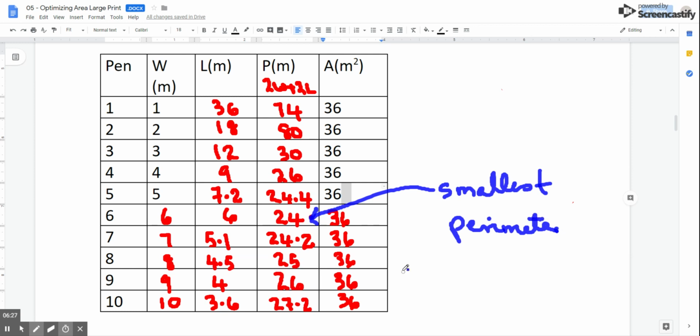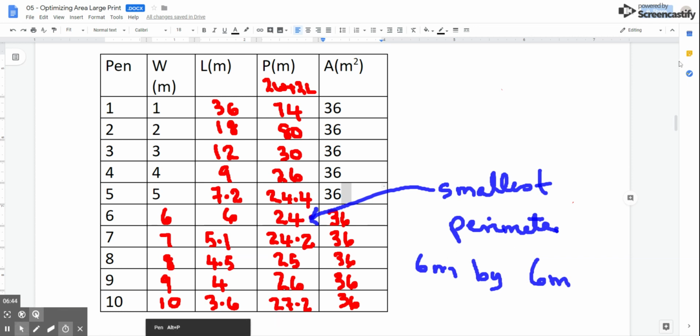And that means 6 meters by 6 meters. So a 6 meter width and 6 meter length gives me my smallest perimeter for the area of 36.